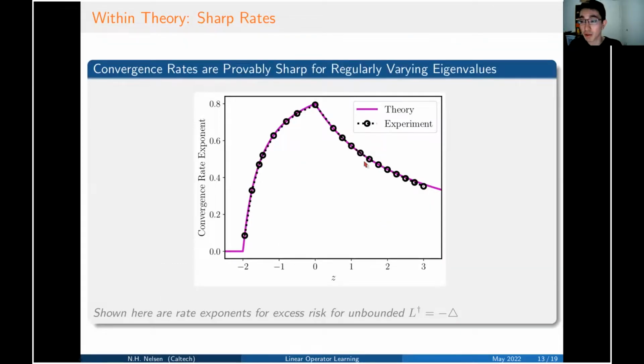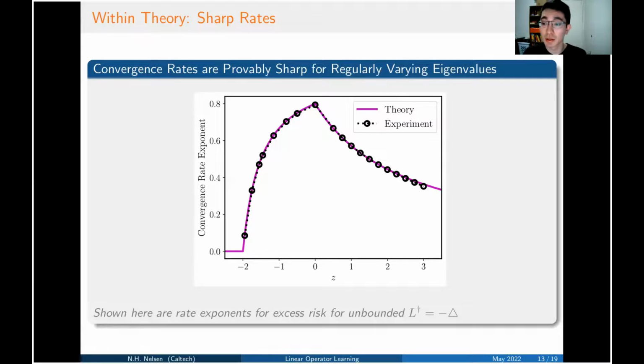The rates are actually sharp for that previous example because we have another result that shows that if the eigenvalues behave essentially like a polynomial at infinity, these are asymptotically exact, which is what this figure is showing. On the vertical axis are those exponents, those very complicated fraction exponents, and I'm plotting that exponent as a function of the prior smoothness.